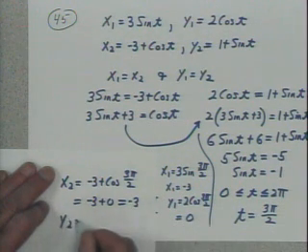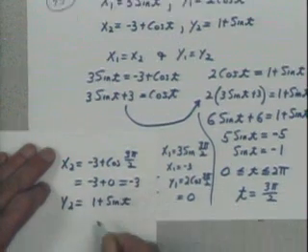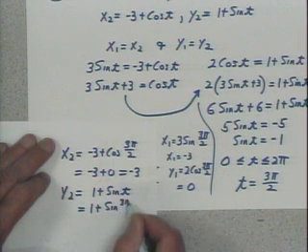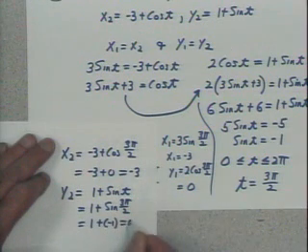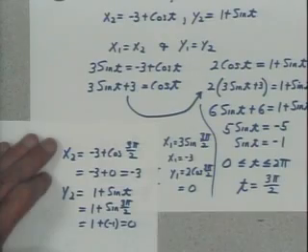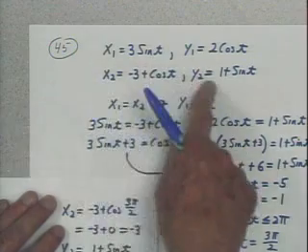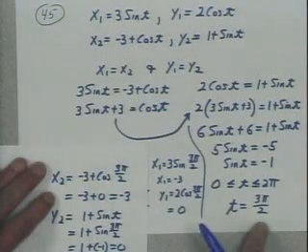And y2 is going to be 1 plus sine of t. That's 1 plus sine of 3 pi over 2. Hey, that's 1 plus negative 1. Hey, that's 0. So when t is 3 pi over 2, what happens? Both curves are at exactly the same point at the same time. Collision point.